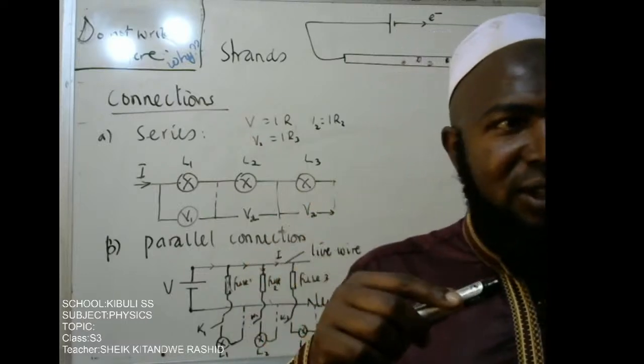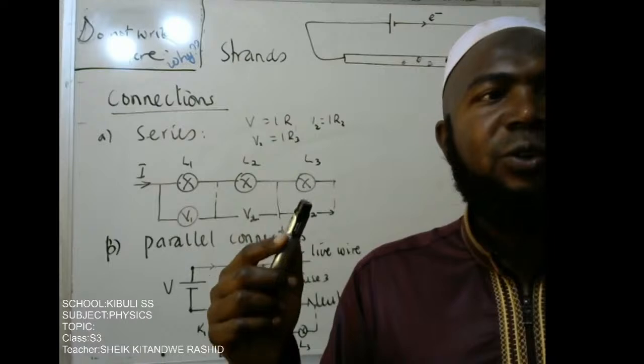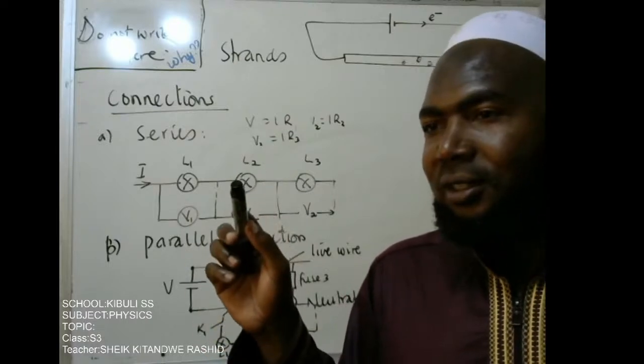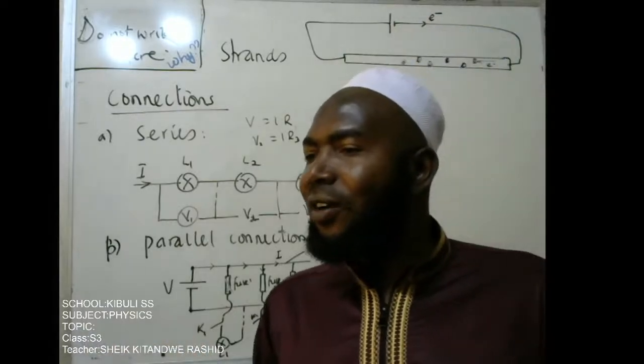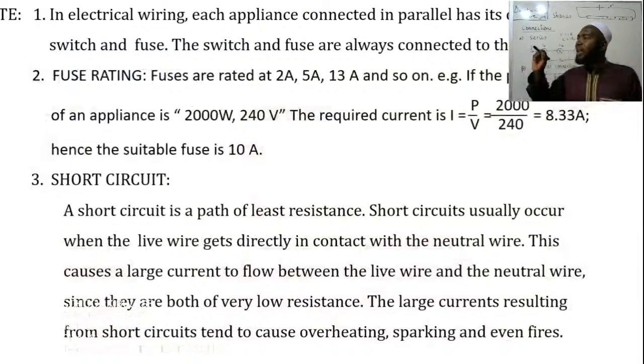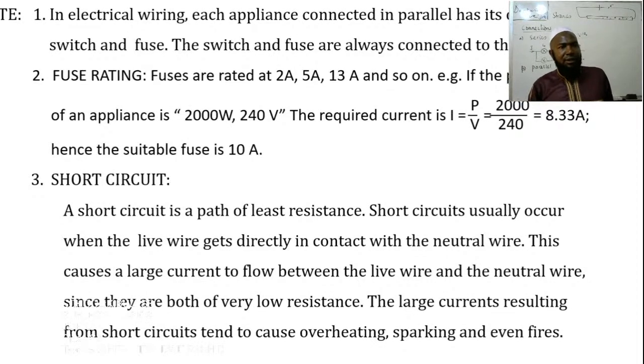To the live, because the live wire is the one that carries current. The neutral wire is already earthed at the substation so that it is at 0 potential. So if it is the one carrying current, the fuse can melt when the current exceeds a safe value, and therefore protect the appliance from damage.